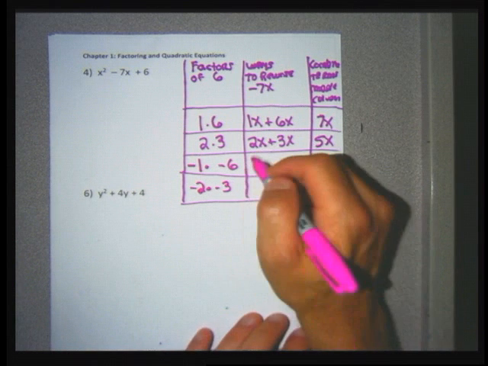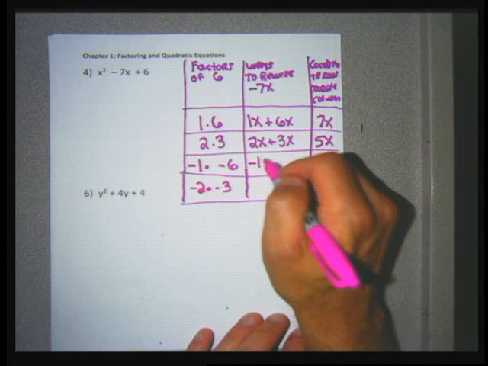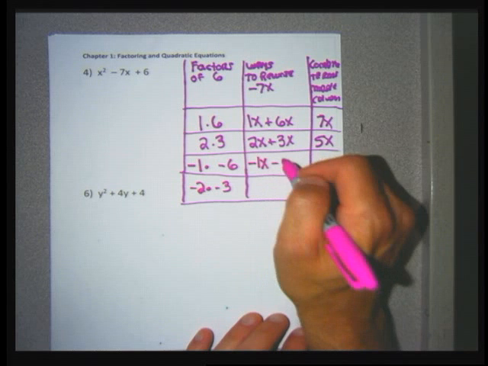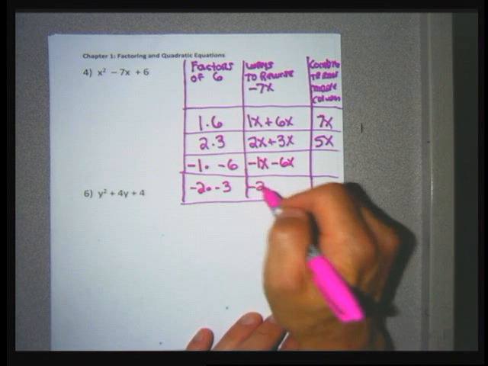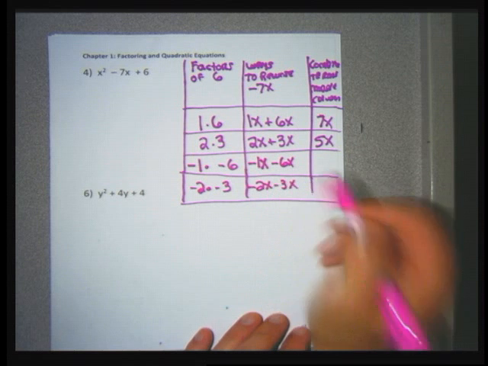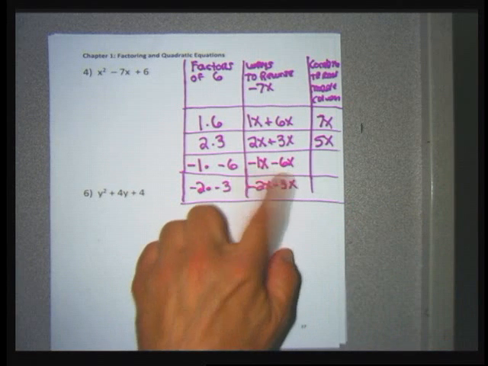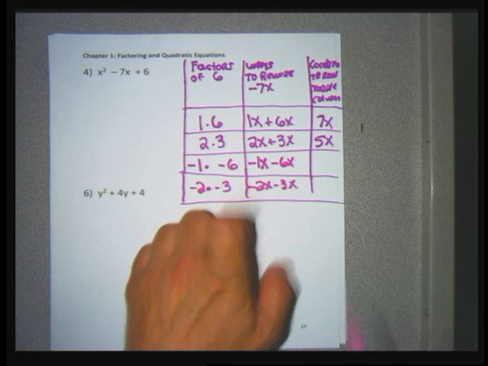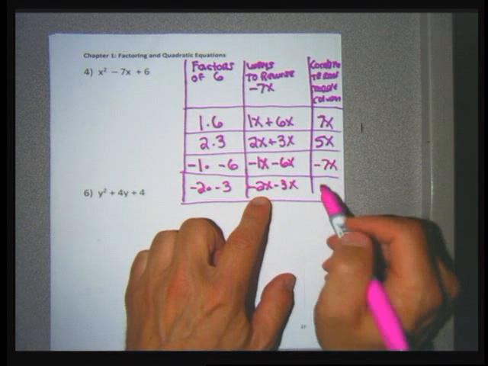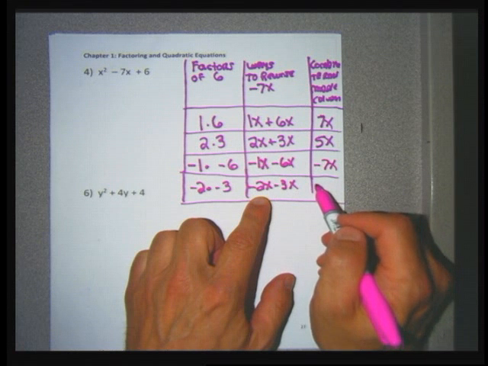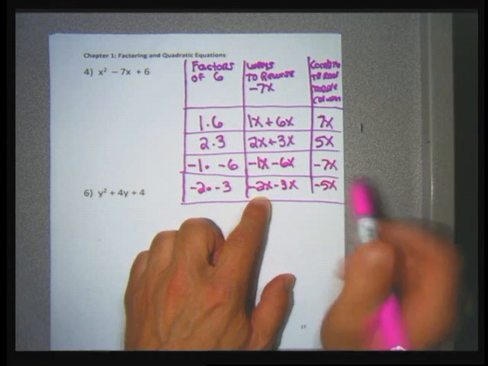So another way to combine to the negative 7x, I'm just going to write this as negative 1x minus 6x and negative 2x minus 3x. When I combine these, both the numbers in front of the x's are negative, so I'll add them and keep them negative. Similarly, these, both the numbers in front of the x's are negative, so I'm going to add them and keep them negative.